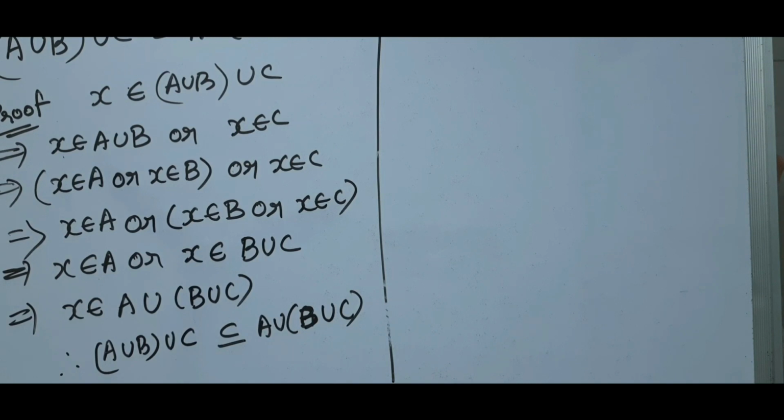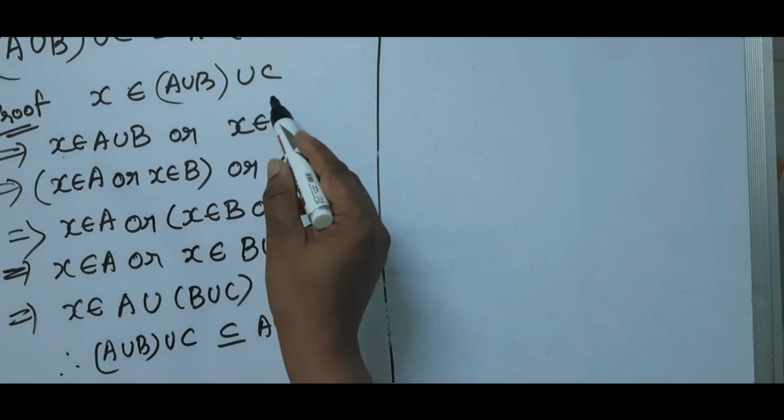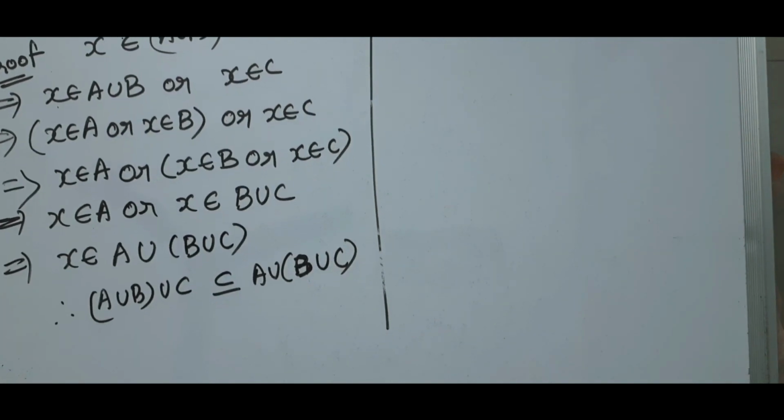Is it not? In case of commutative law, we have taken an element which belongs to A union B, and we have proved that the element is in B union A. Similarly, here also I have taken an element which belongs to A union B union C, and have proved that the element is in A union B union C. So we can clearly say that A union B union C is subset of A union B union C. Similarly, as the sets are not different, when you find the union of these three sets and union of these three sets, you will get the same elements.